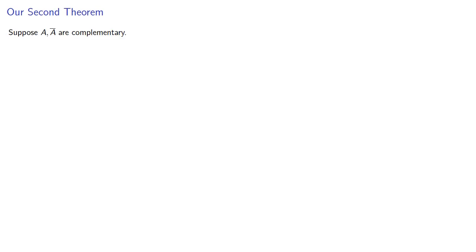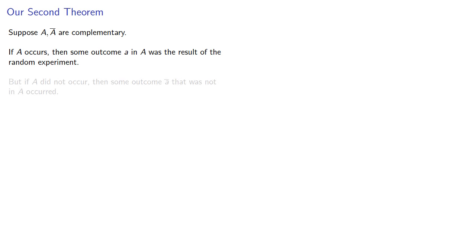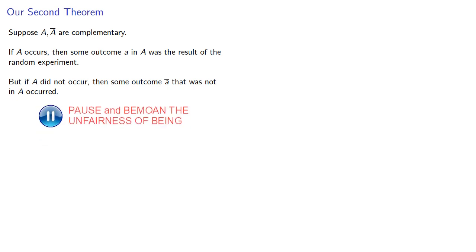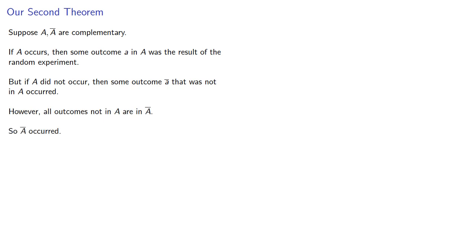So remember, we had this other idea that two events could be complementary. If A occurs, then some outcome in A was the result of the random experiment. But if A did not occur, then some other outcome that was not in A occurred. However, all outcomes not in A are in A complement, and so that means A complement occurred.